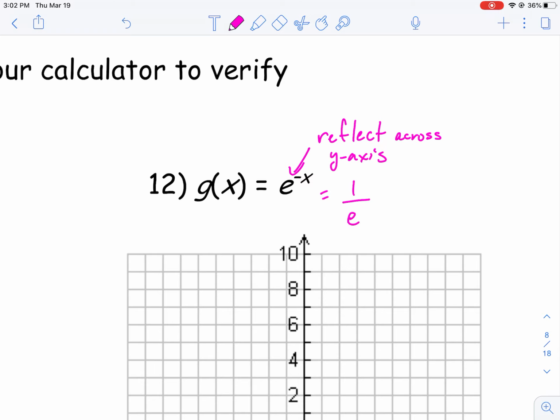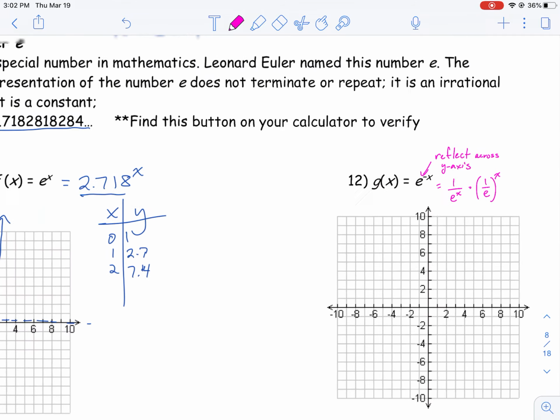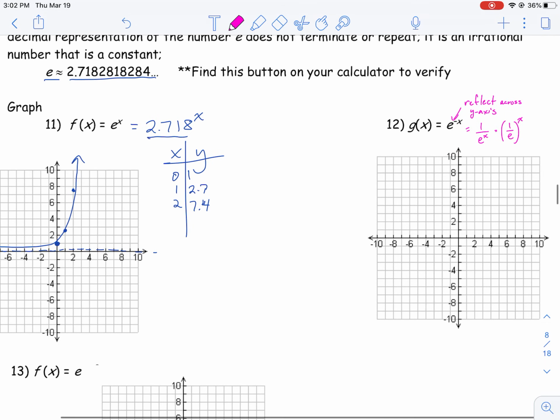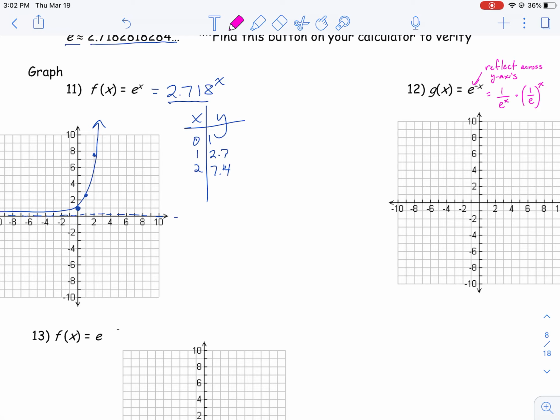Remember negative exponents? It's going to put it in the denominator. So this is the same as 1 over e to the x. So it's going to be similar to this graph, but it's only going to flip across the y-axis.